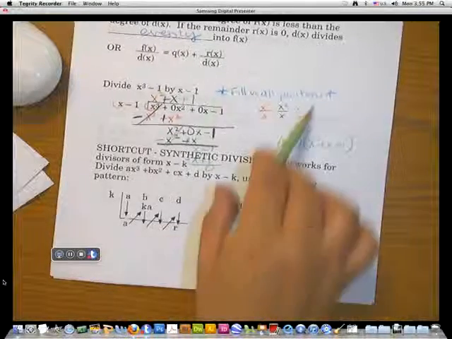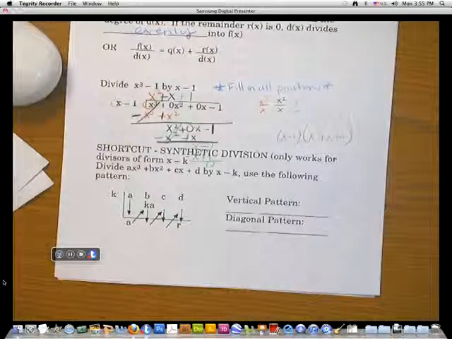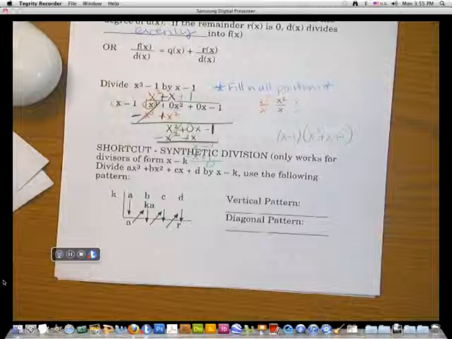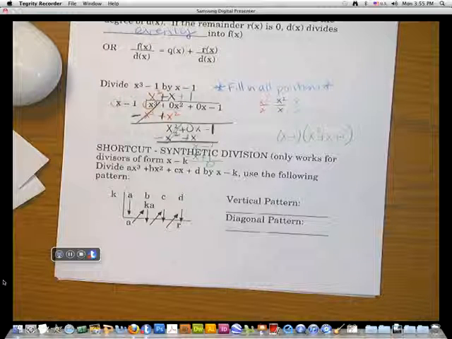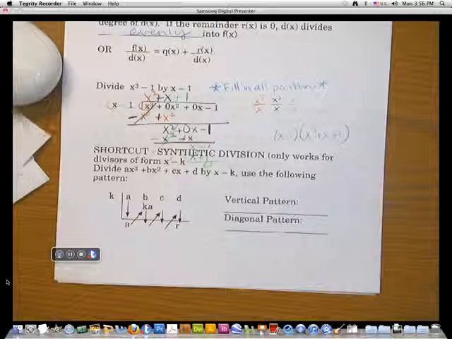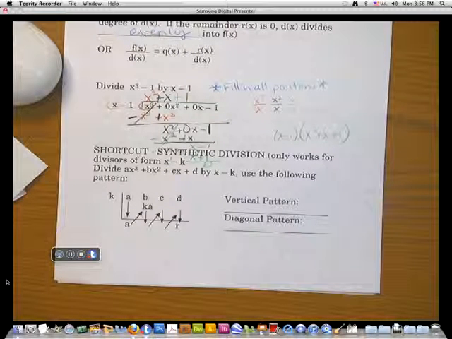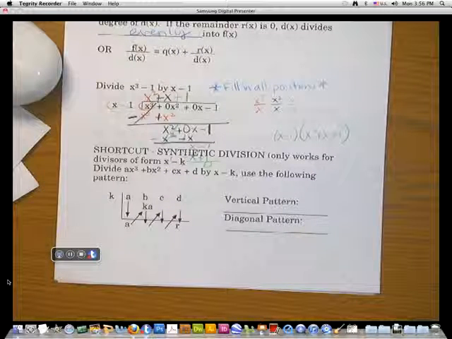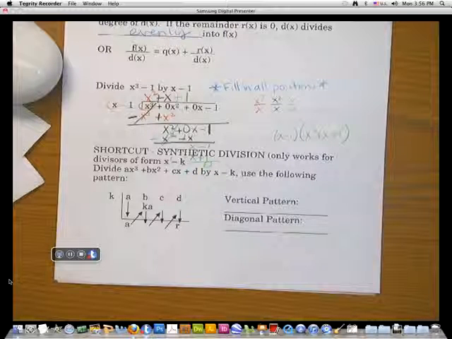Alright, this longhand division is just that, longhand. So we do have a shortcutted division. It's called synthetic division. And it only works when our divisors are of the single x variety, not x squared. It has to be x and then some number.